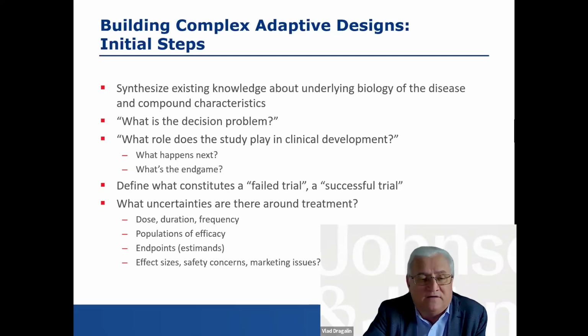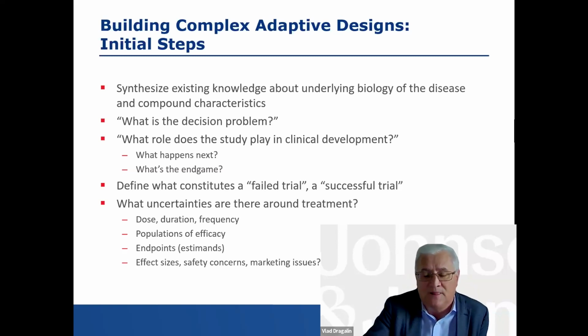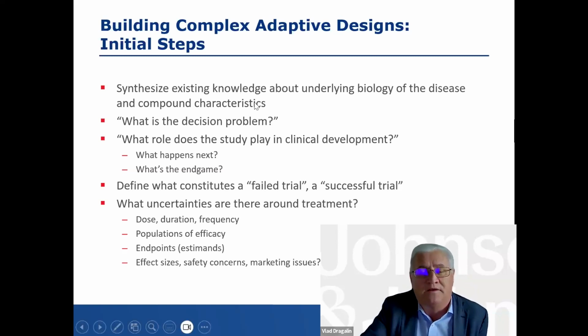But imagine that you have the type of design that I described in that diagram, where you have an opportunity to change allocation, you may have an opportunity to monitor the number of interim analyses, the frequency of interim analyses, and so on. You can understand that very easily you go away from the comfort zone of doing everything analytically.